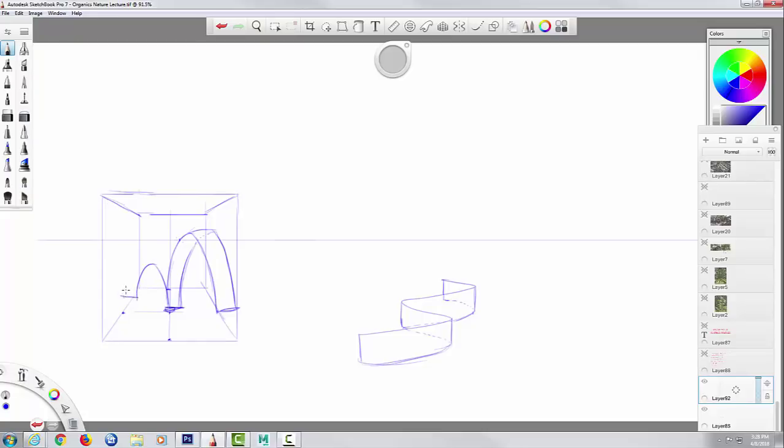I'm going to make some different size ribbons that are a little bit smaller. Okay, I'll make some that are a little bit larger.